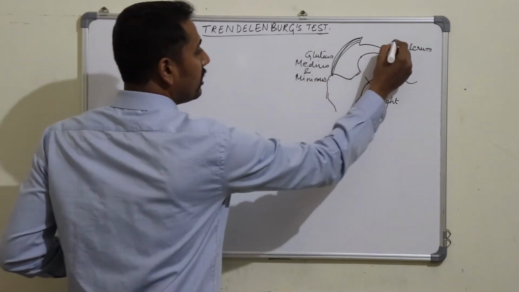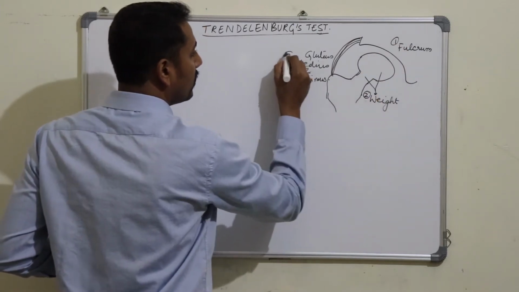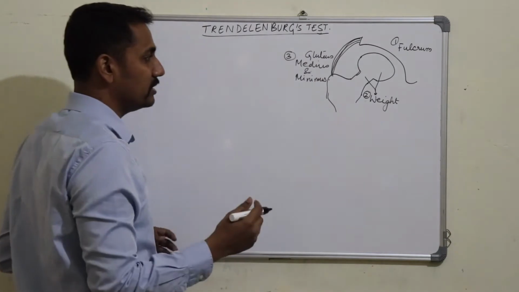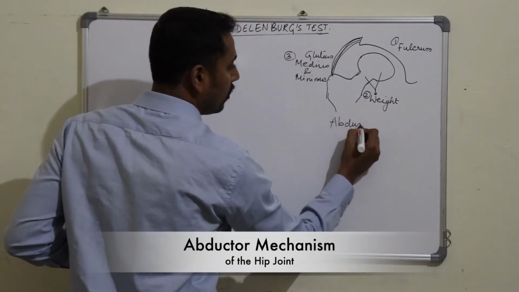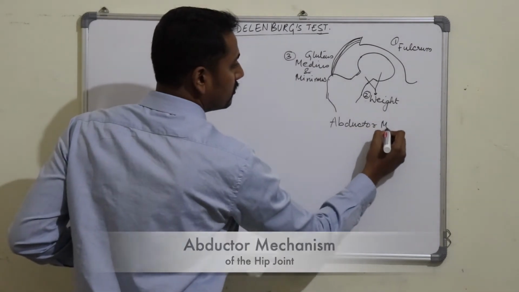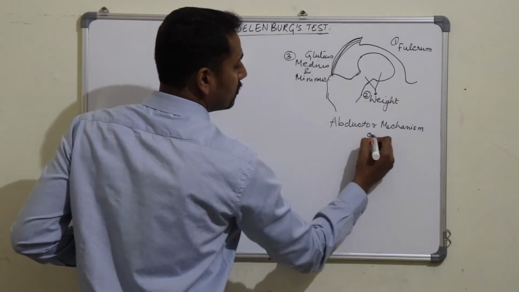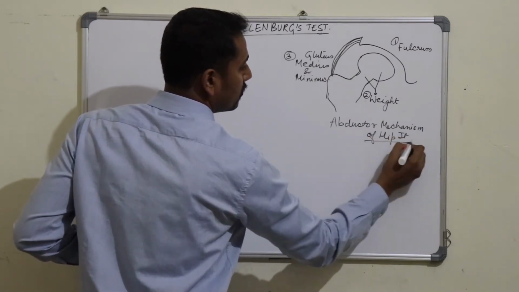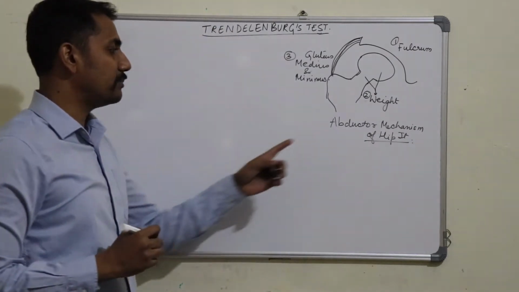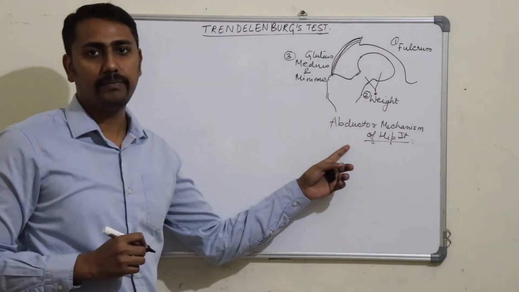These three factors are important for the normal gait of a person, and they are known as the abductor mechanism of the hip joint. So this abductor mechanism is important for normal gait of a person.